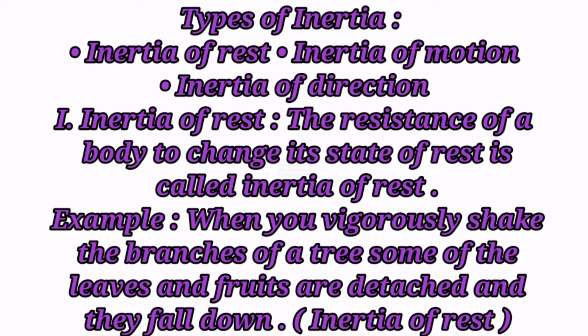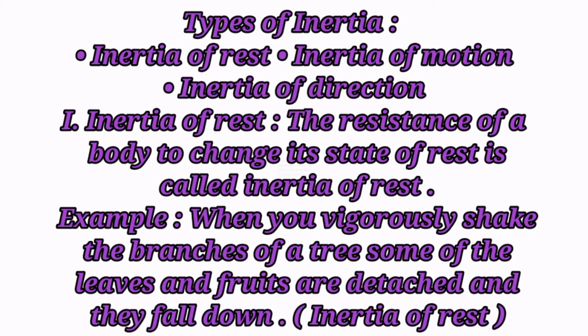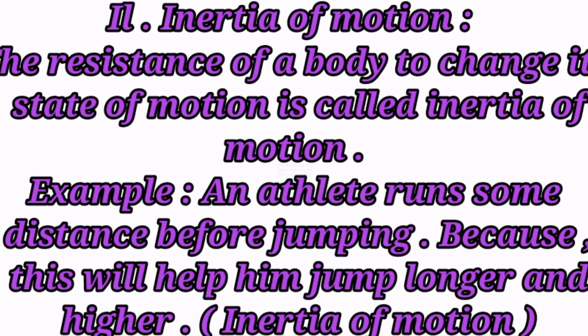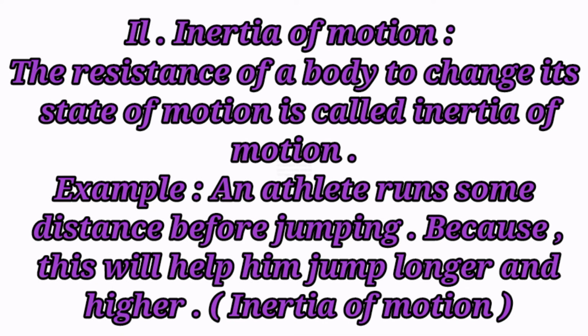That is inertia of rest. Inertia of motion. The resistance of a body to change its state of motion is called inertia of motion. Example, an athlete runs some distance before jumping because this will help him jump longer and higher. That is inertia of motion.